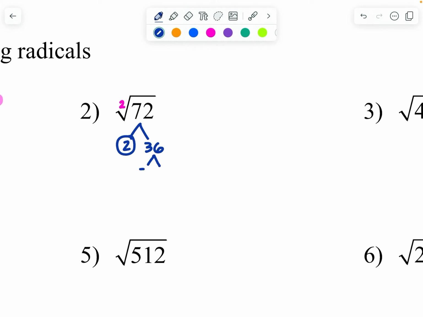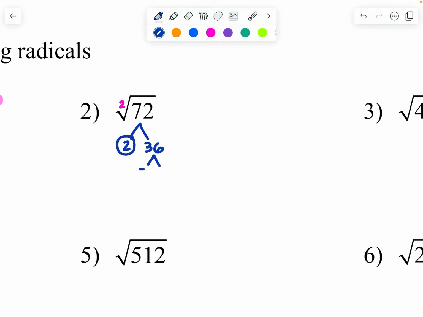Because the little index was a 2, what that's telling us is we're looking for pairs of numbers. So I'm going to find a pair of 2s. I'm going to find a pair of 3s. And then I have a 2 here that doesn't have a pair. The square root of 2 times 2, well, 2 times 2 is 2 squared, and squaring and square rooting undo each other.